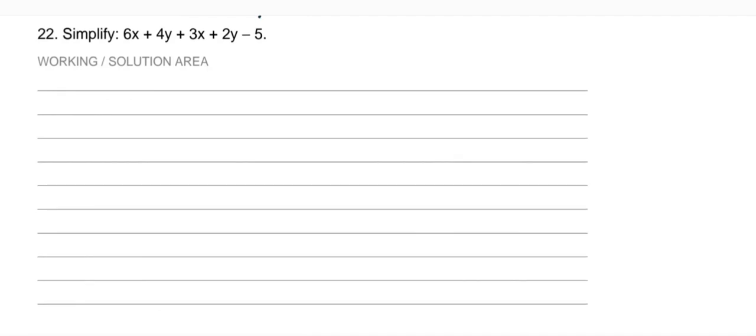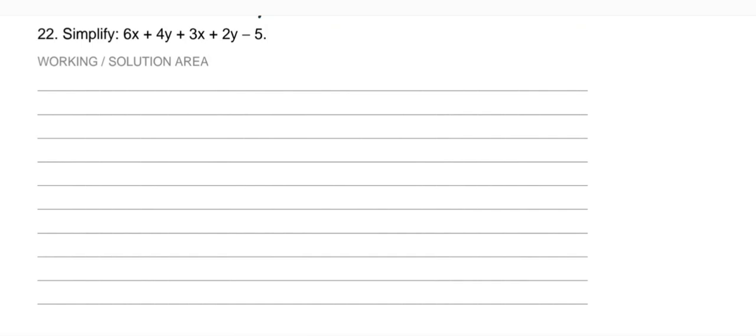Simplify 6x plus 4y plus 3x plus 2y minus 5. When they tell you to simplify, all they are telling you to do is to write it in a form that is simple. So what we have to do is group all the like items. Like items are the things that look alike.